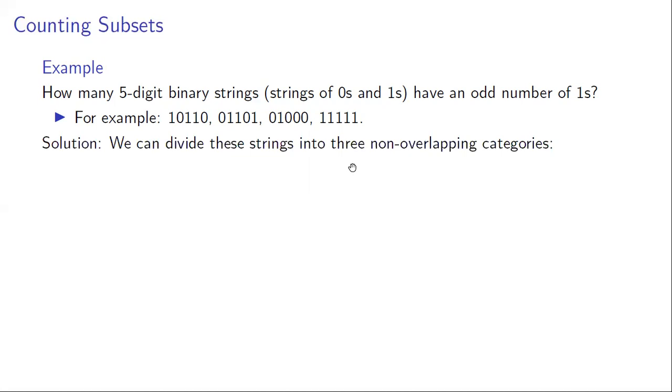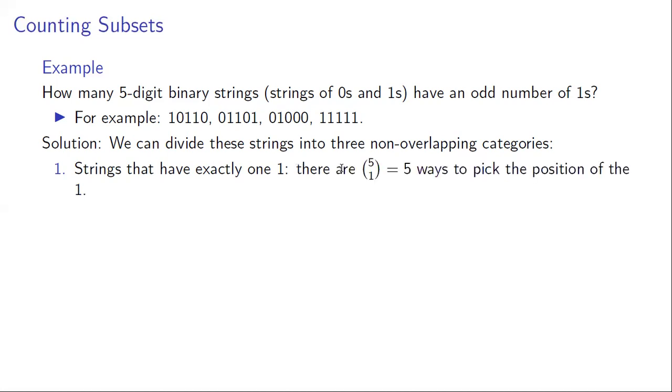So we can divide these strings into 3 non-overlapping categories. First category is strings that have exactly 1 one. How many such strings are there? To make a binary string of length 5 that has exactly 1 one, one of the digits is going to be a 1, and everything else is going to be a 0.